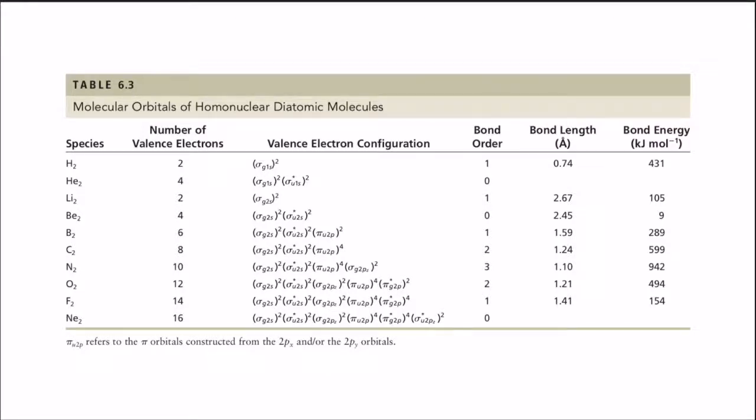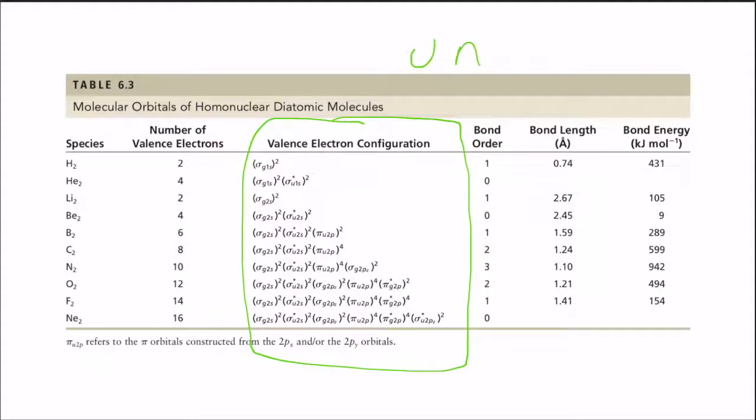Okay, so I'm not going to dwell too much on this table. You can study it. You will be required to know the electronic configuration, and then you will be required to show, from any of these configurations, whether there are unpaired electrons.